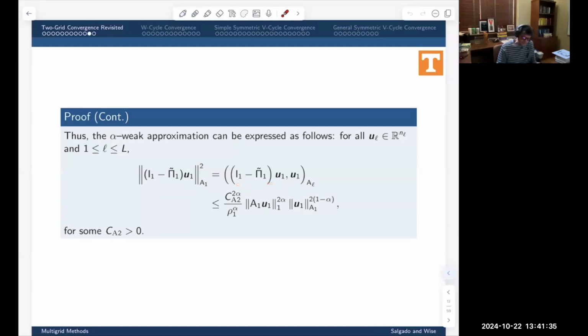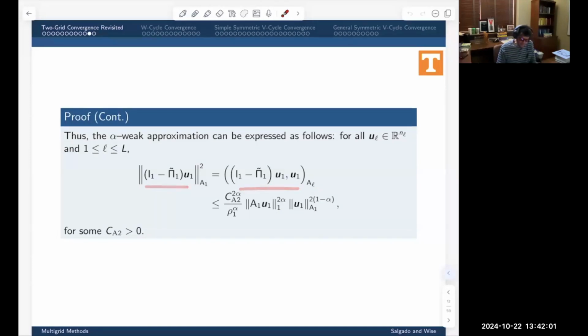Now, this is the statement of my alpha-weak approximation property. That's my assumed approximation property. I know that I have some C_A2 and some alpha for which this holds, and even though I'm applying it on level 1 here, if this is true in general, then this constant is level independent. Now, why is this equal to that?